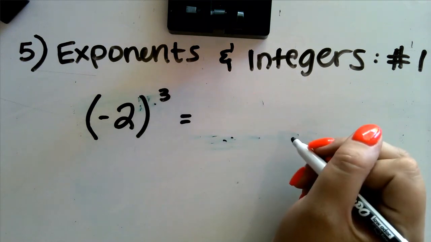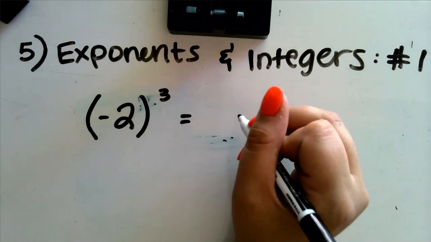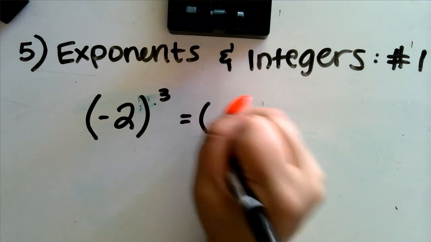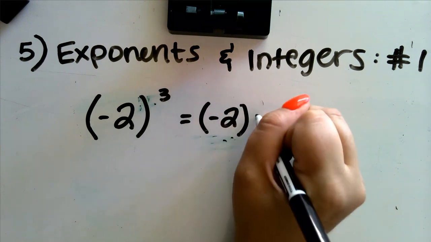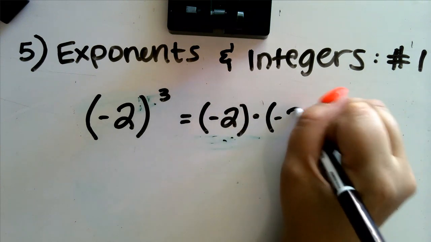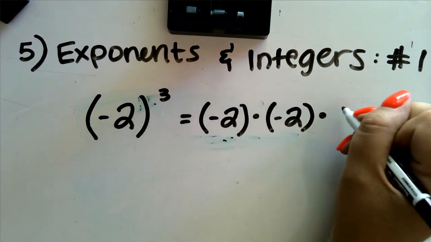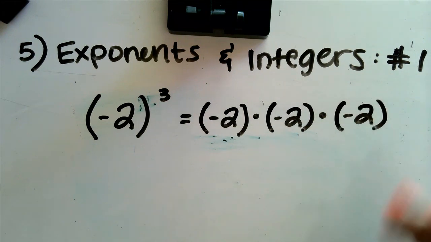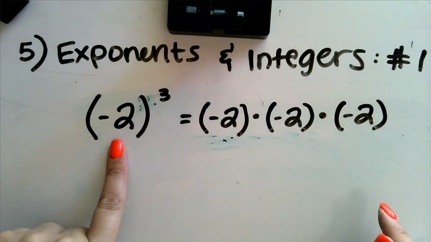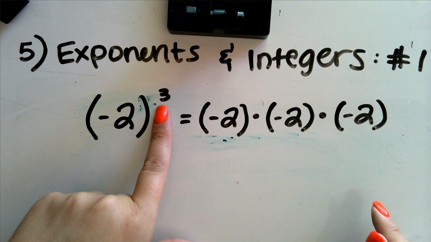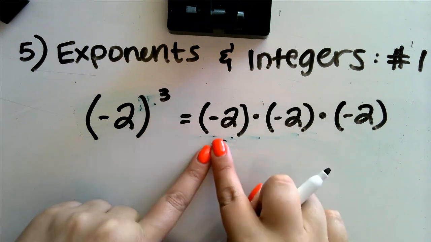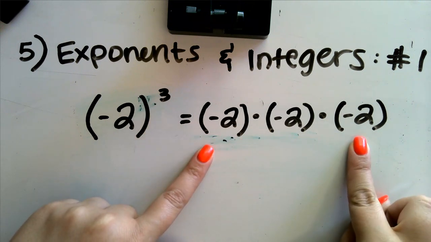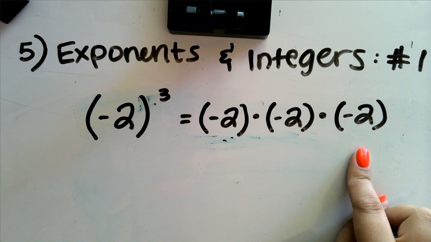So when we go to expand this out and write out (-2) to the third power, it will be -2 times -2 times -2. We multiply this base by its exponent, in this case 3, so we multiply it by itself 3 times.